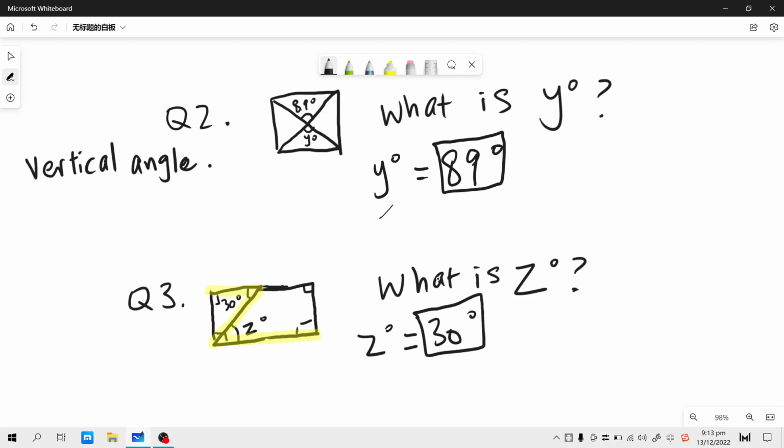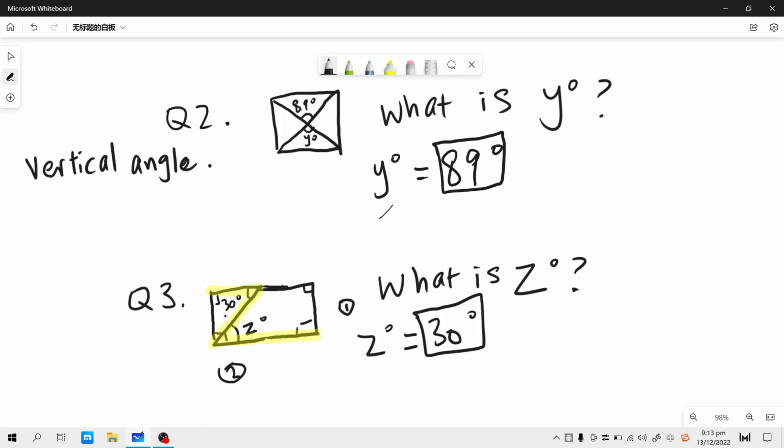Okay, on for the next method. That's the second method. Alright, you can just use the silly way to find out. So this is 90 degrees. I taught you last lesson that the three angles in a triangle add up to 180 degrees.